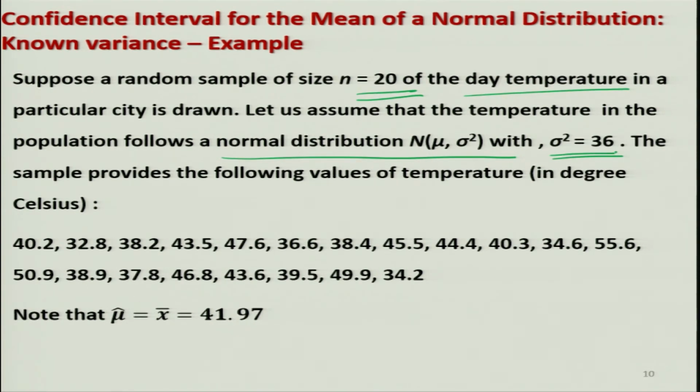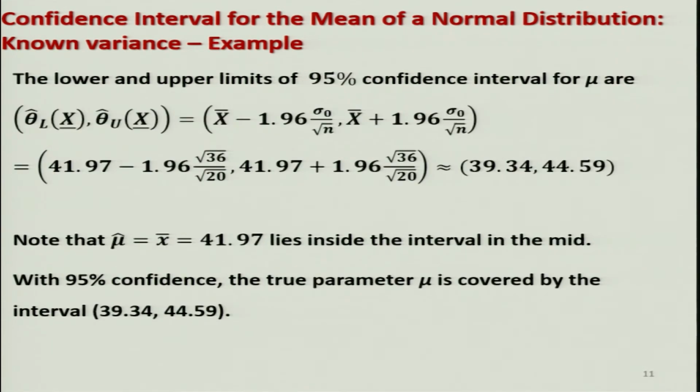The sample values of the temperature are obtained like this in degrees Celsius. If we want to find the point estimate of mu, we can compute the sample mean, and if you compute the sample mean of all these values, it comes out to be 41.97 degrees Celsius.